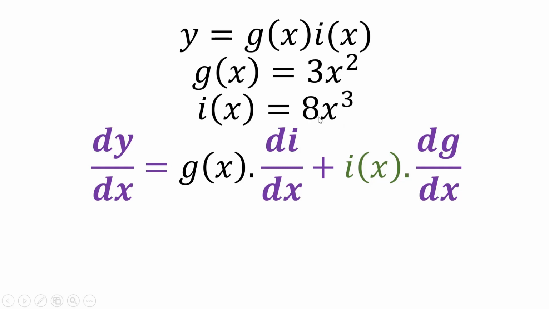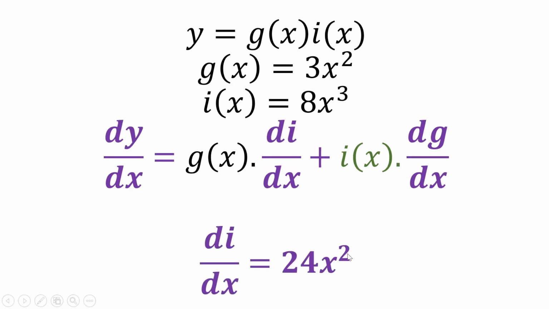So, from the power rule, what we do is that we multiply 8 by 3 and subtract 1 from the exponent. When we do that, we will have 24x squared, and that is the derivative of i with respect to x. We also need the derivative of j with respect to x, and from the power rule, we are going to multiply 3 by 2 and subtract 1 from the exponent.